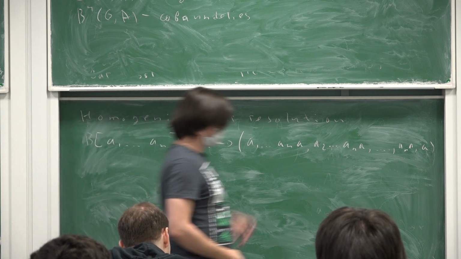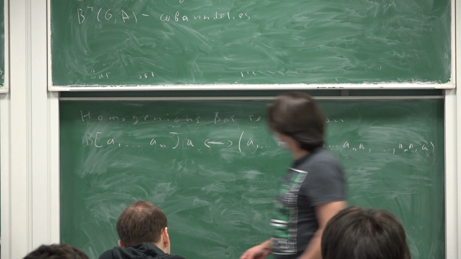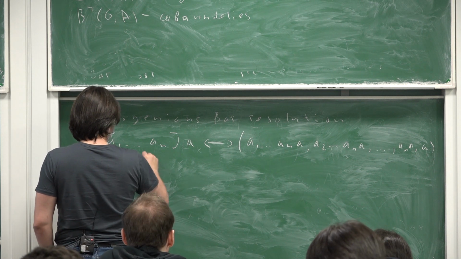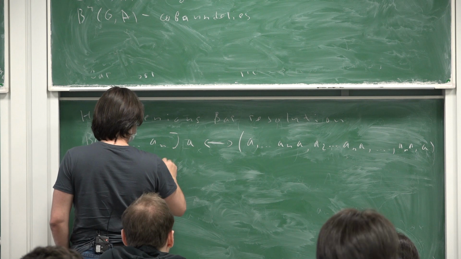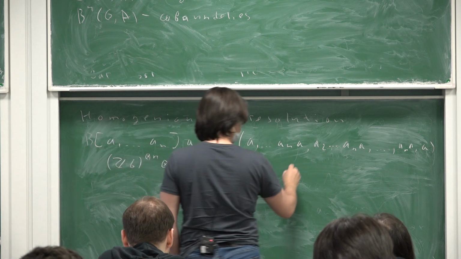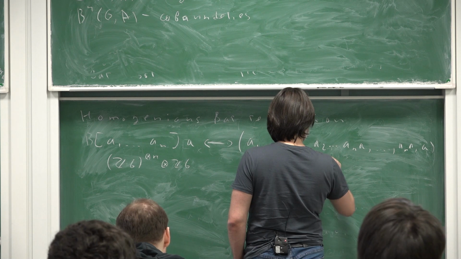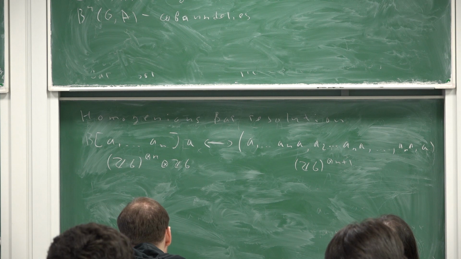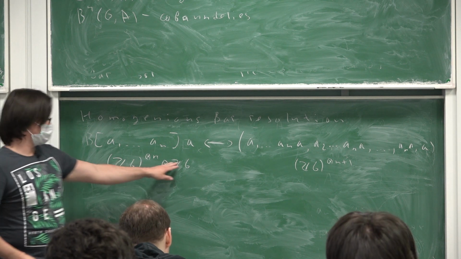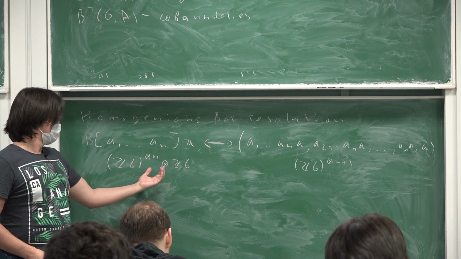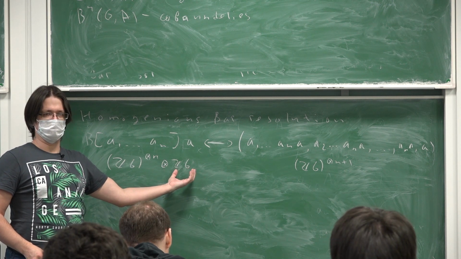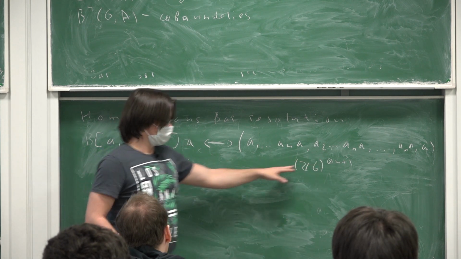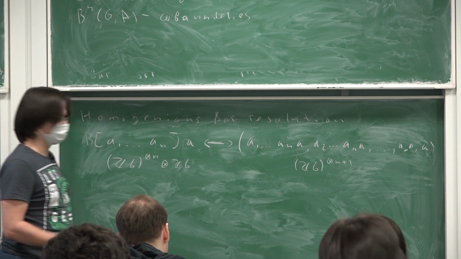So here the element is an element of ZG tensor n tensor ZG, and here it is ZG tensor n plus 1, that is the same, but here we write it in this way to point out that the ZG module structure is here, and here all components are like in the same row.